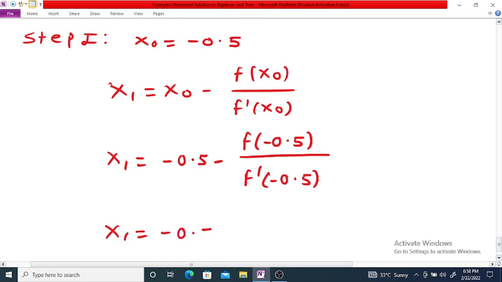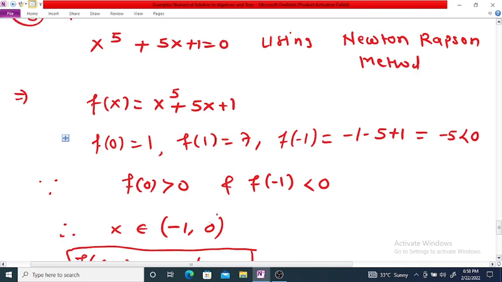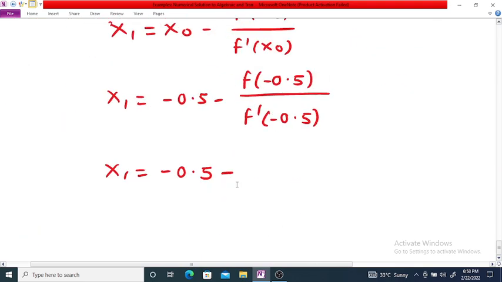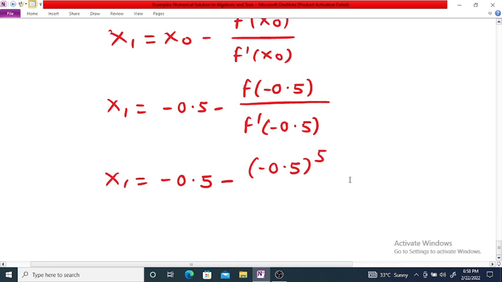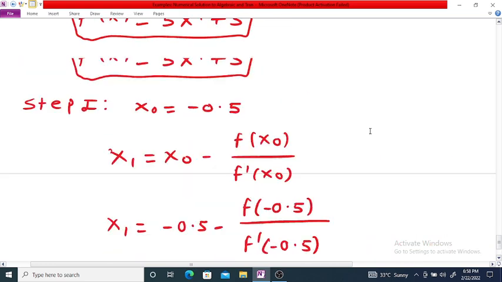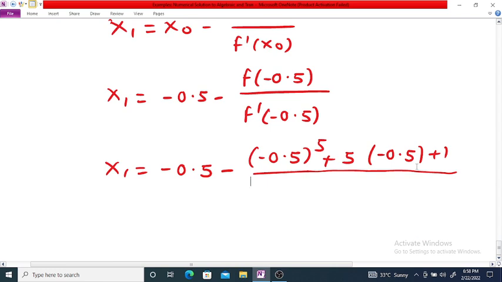So x1 is equal to minus 0.5 minus f of minus 0.5. What is f of x here? X raised to 5 plus 5x plus 1, divided by f dash of x. What is f dash x? 5x raised to 4 plus 5.